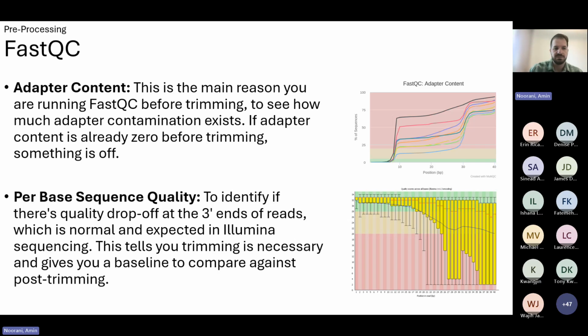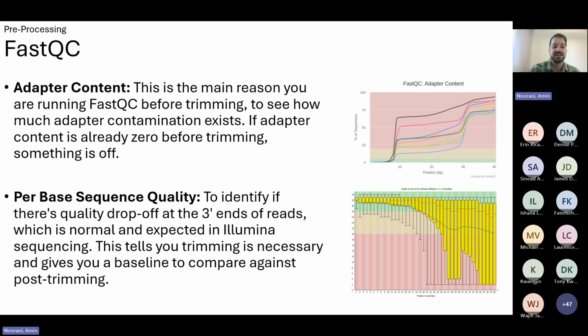And then we focus on per-base sequence quality. This, for example, is from an Illumina sequencer. They tend to lose accuracy toward the end of the reads, so once we move to the 3' ends of the reads, which is normal and expected in Illumina, the quality drops at the 3' end.